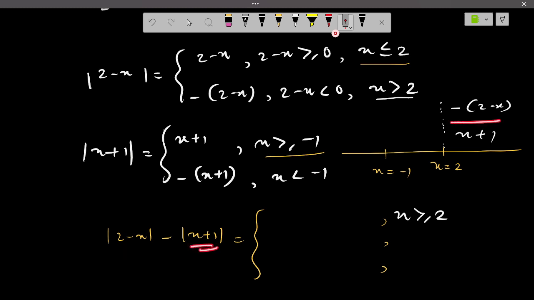It will be minus 2 plus x, if I remove the bracket, and minus x minus 1. So x cancels out. Ultimately what we are getting here is minus 2 minus 1, which is minus 3. So let me write it down, minus 3 here.